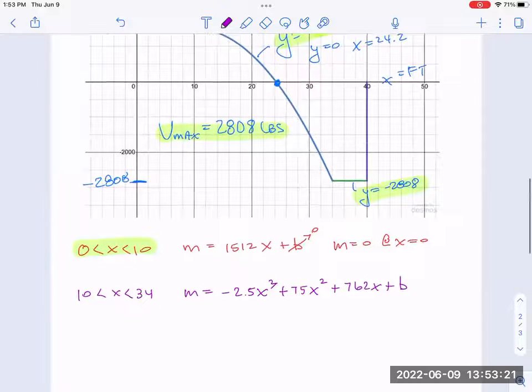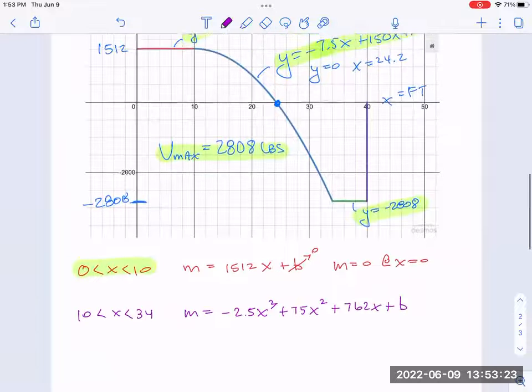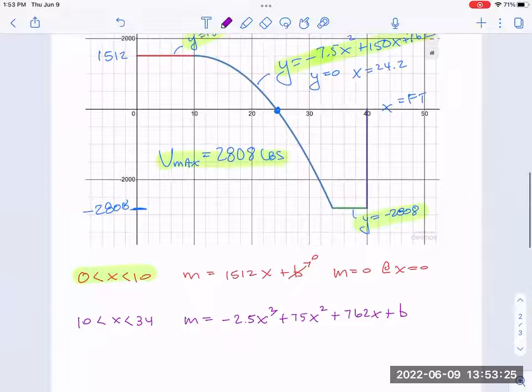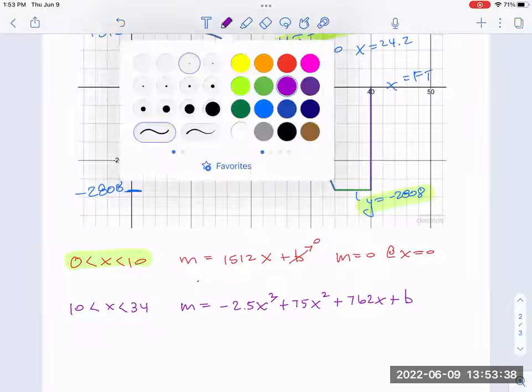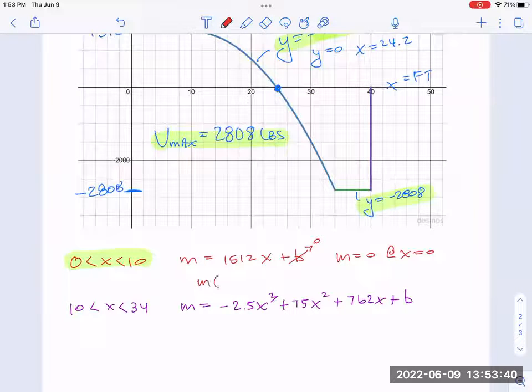But what did we just learn a second ago? Actually, no, we've got to make a calculation. Back in that previous section, when x was 10, does it make sense the moment was 1512 times 10, which is 15,120?